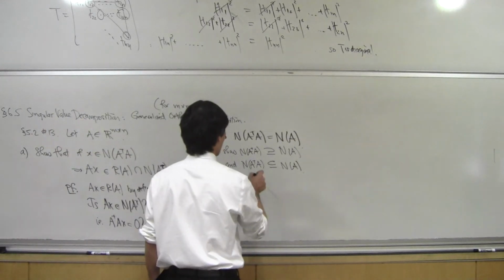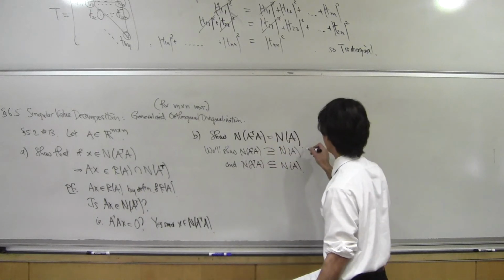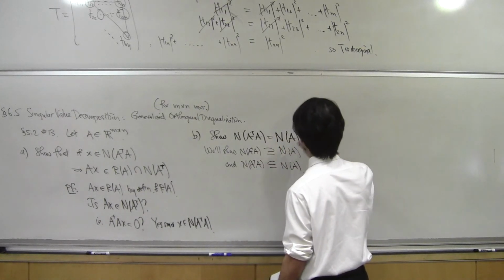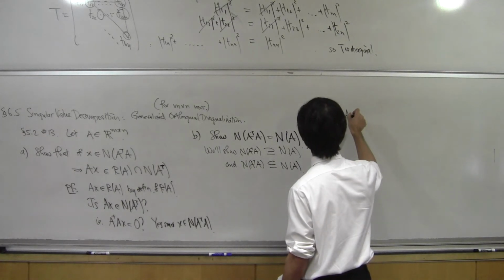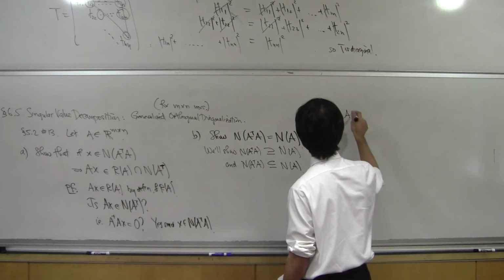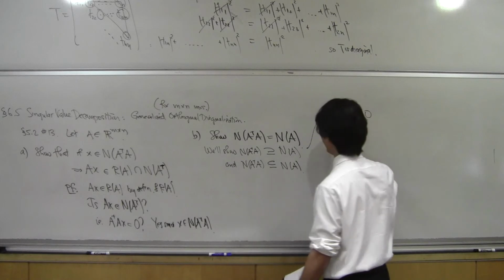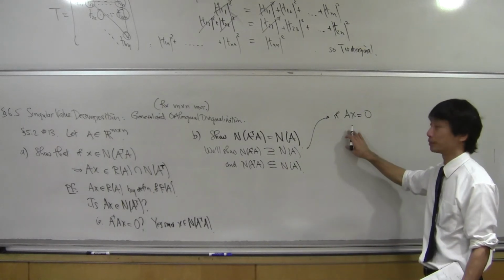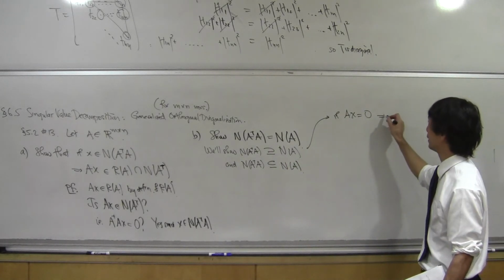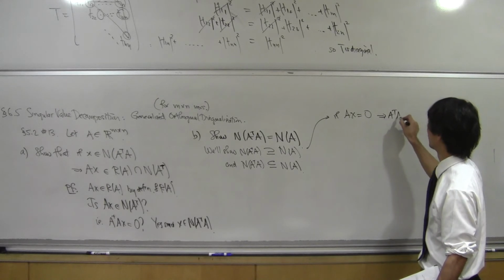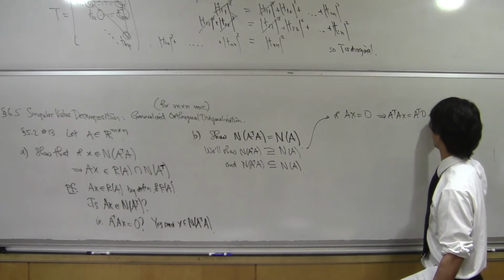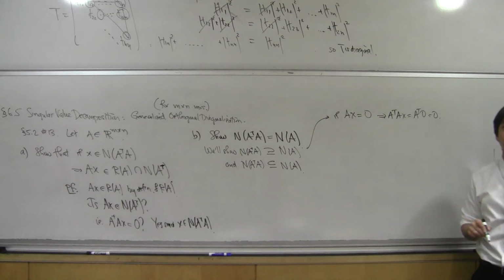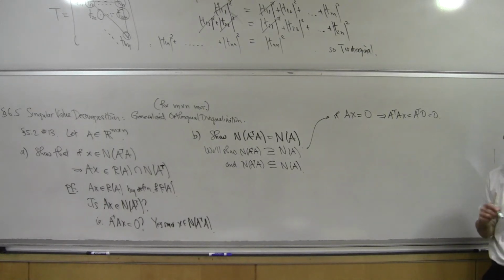So the first part, you say, well, look, if Ax equals 0, then certainly ATAx equals 0. Right?